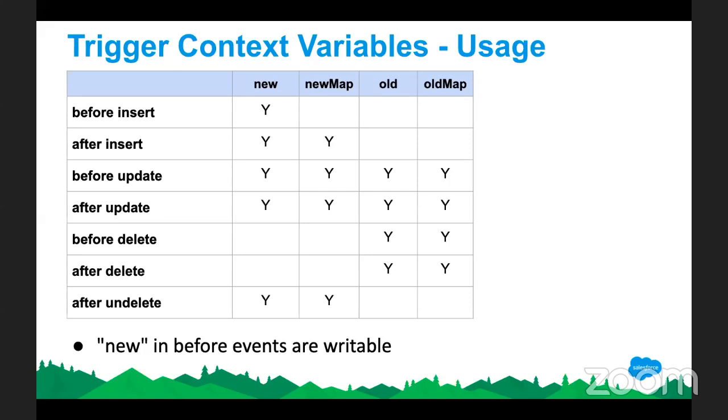They are available in the new version in the before event. So the data that is coming in is manipulatable or writable. All other data, even new in the after event, or old list or old map, is not writable. Only in the before event is it writable. I will show how to deal with that.